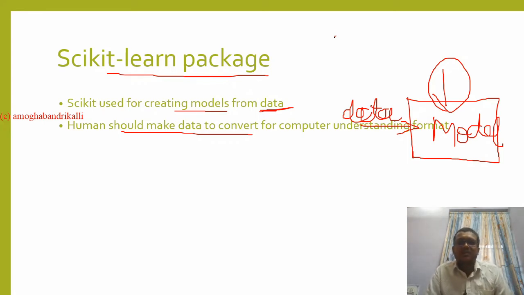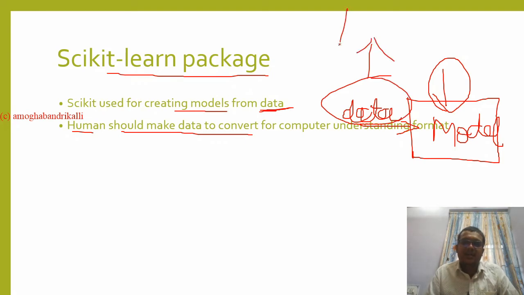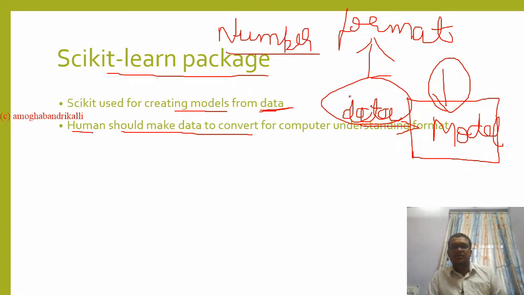So it is going to give some computer data or raw data that human beings will understand. But the job of a human is to convert this data into a machine understanding format. Machine understands only numbers. So converting anything to numbers is the task of a human being.